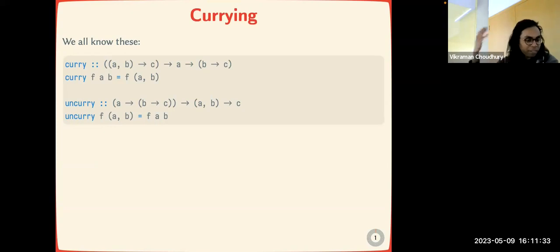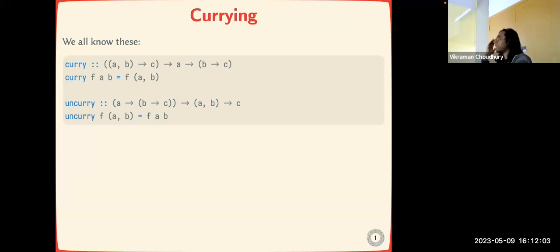As an example, if you took Haskell and wrote down the types like this, A times B to C, you can turn that into A to B to C, which returns a function, and that's currying. So products on the left become functions on the right. And uncurry is just the opposite: you give me A to B to C, and then I can take these two arguments, A and B, and put them in a pair.